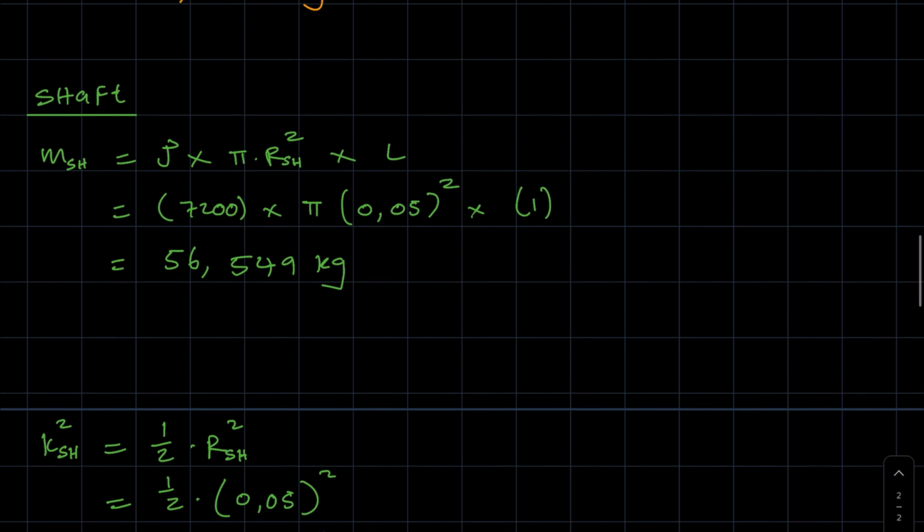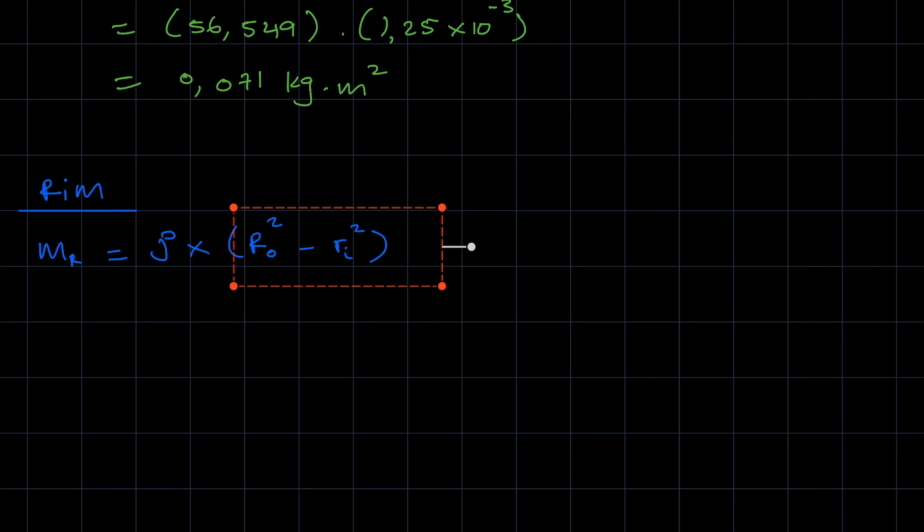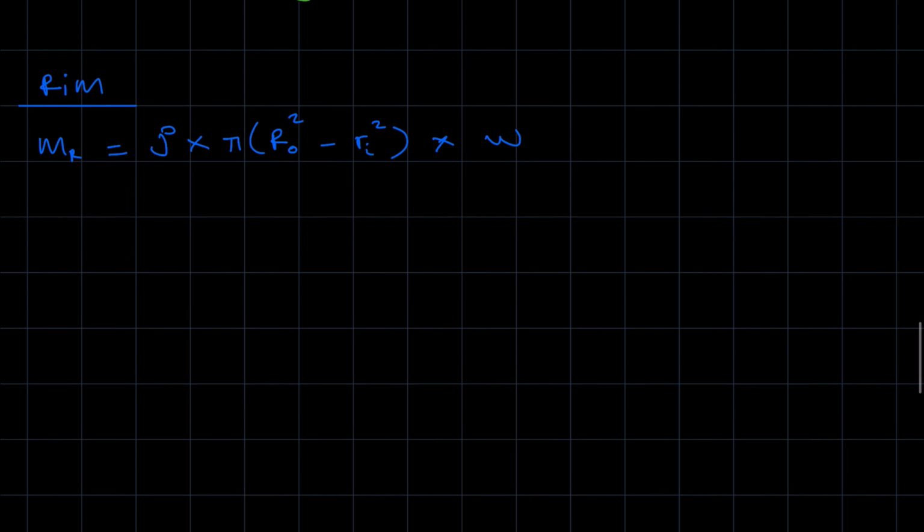So here you have the outside radius squared minus the inside radius squared. I forgot the pi. So this would be pi times the length, which, as we've established, is actually the width of the rim.